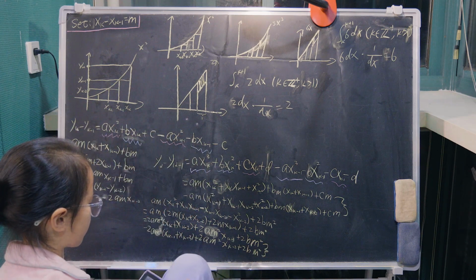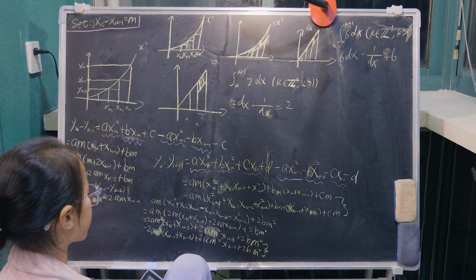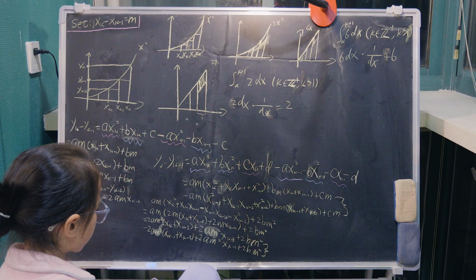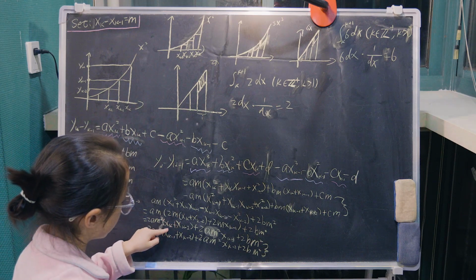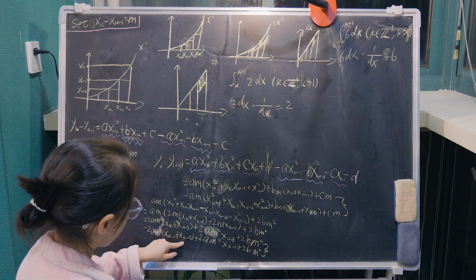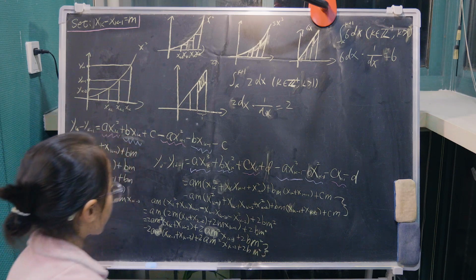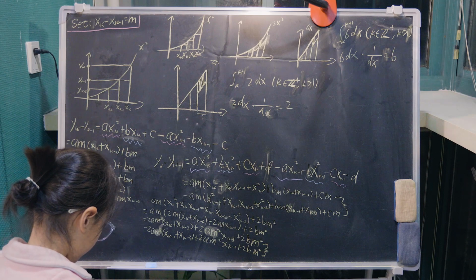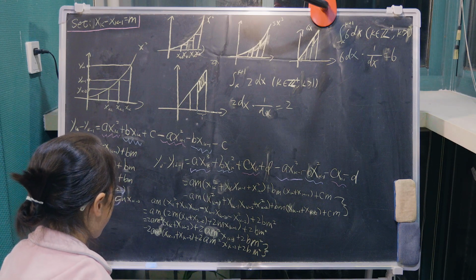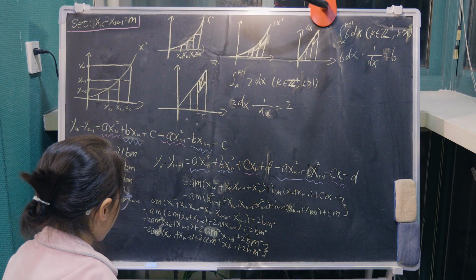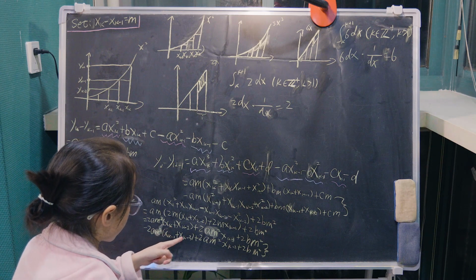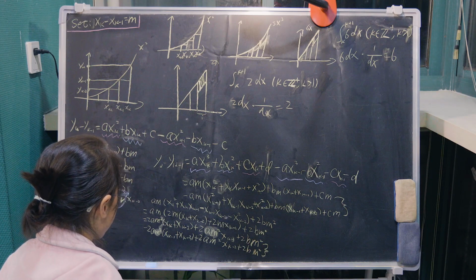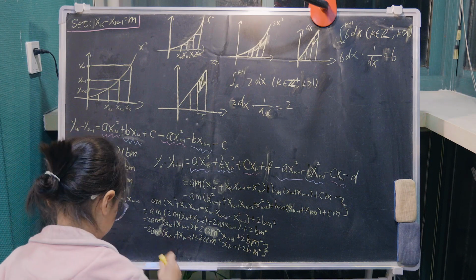So we have the last answer now. What is the last answer? Let's think. This part, this minus this minus this, and all of them are 2m. We use this minus this and this minus this.